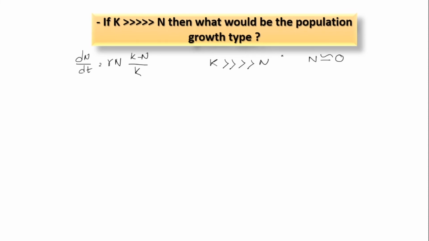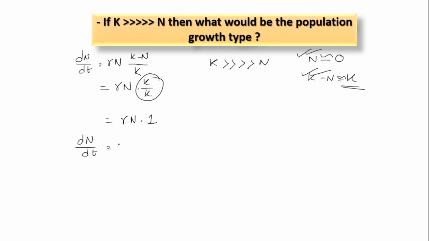Then K minus N is almost K, and if we put this value in the equation, we get rN into K by K. K by K equals 1, so dN/dt would be rN.